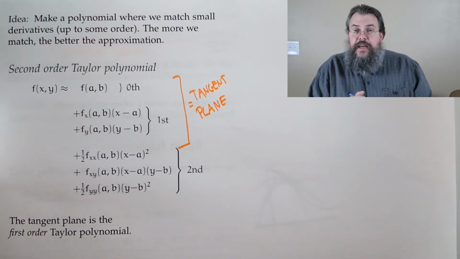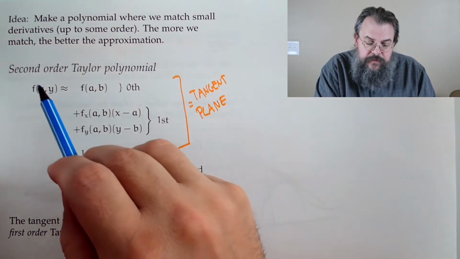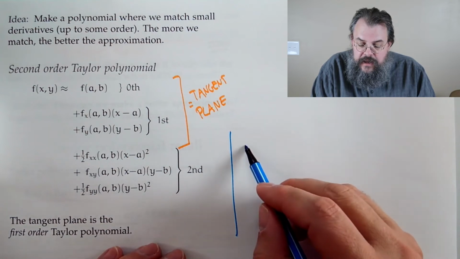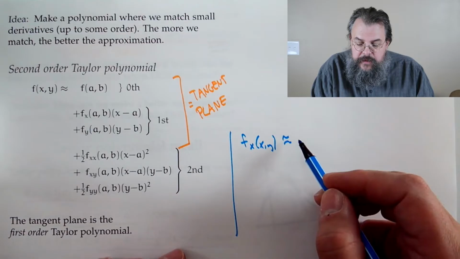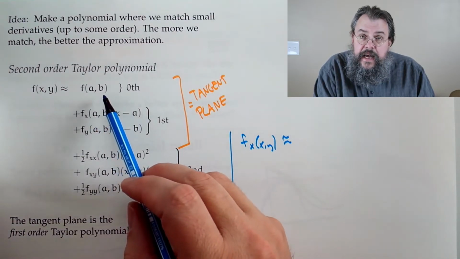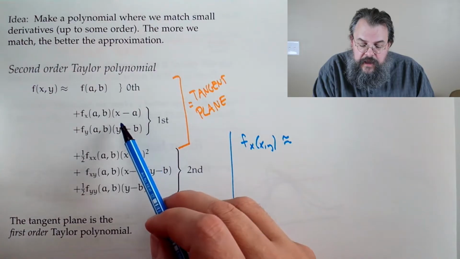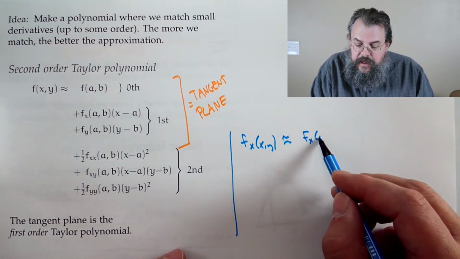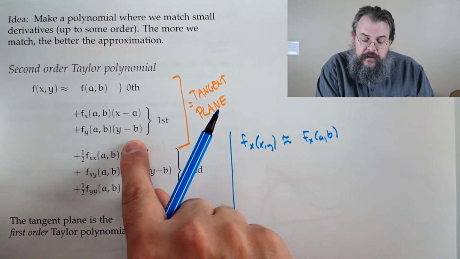Now let's suppose we take a derivative with respect to x. Well, if we take a derivative with respect to x on the left-hand side, what we get is f_x of x, y, which is approximately, well, there's no x involved in the first term. That's the constant, goes away. Here, there's a single x minus a term, so that would be f_x at a, b. There's no x there, so that doesn't go away.